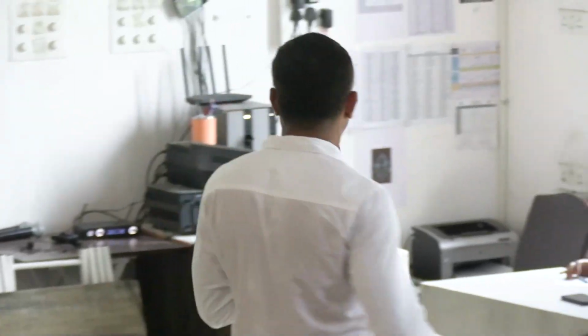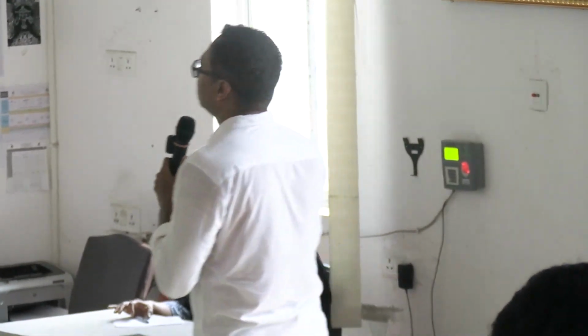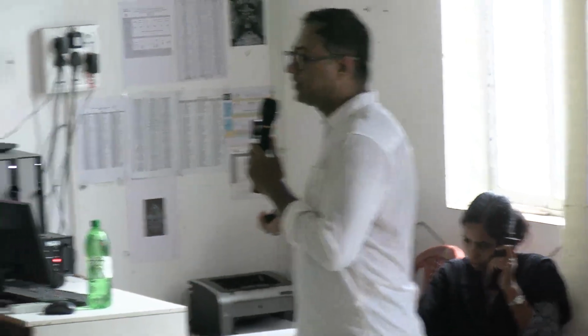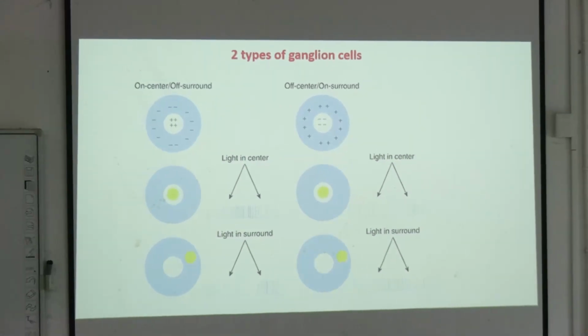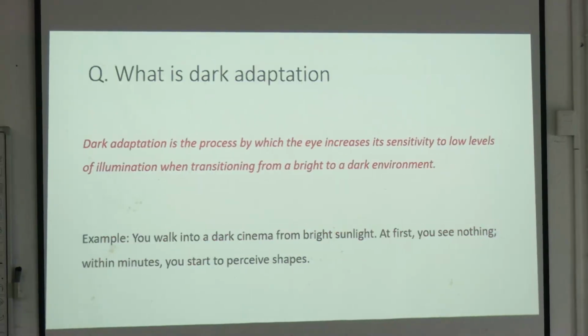This hyperpolarization is converted into depolarization and action potential in the ganglion cell because of the presence of 2 different types of bipolar cell and 2 different types of ganglion cell: on bipolar cell and off bipolar cell, similarly on ganglion cell and off ganglion cell. The 2 types of ganglion cell are on-center off-surround and off-center on-surround.